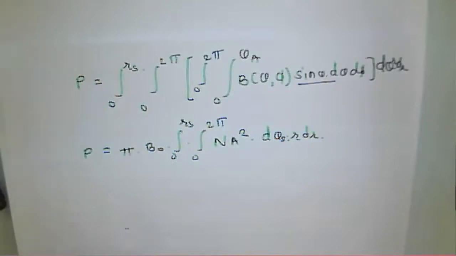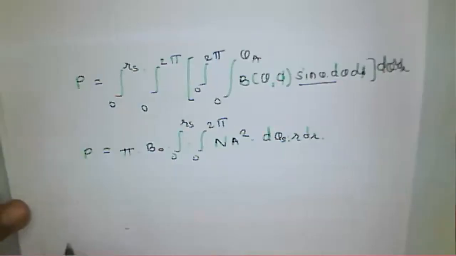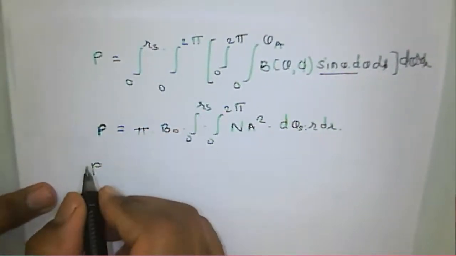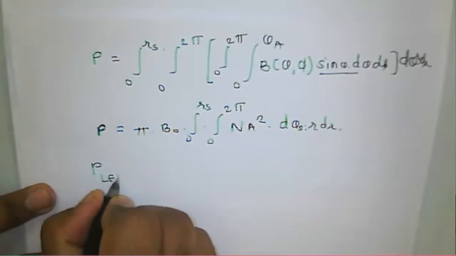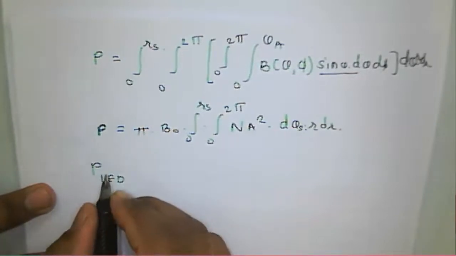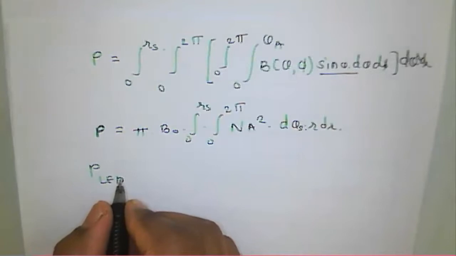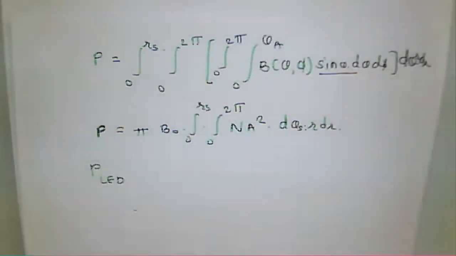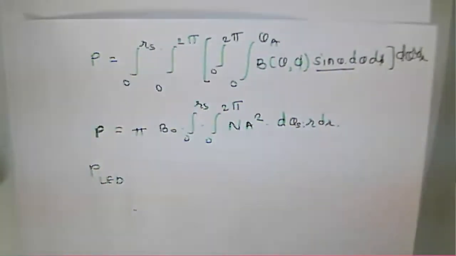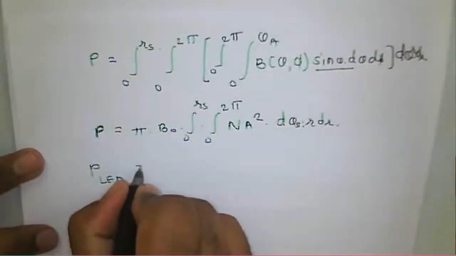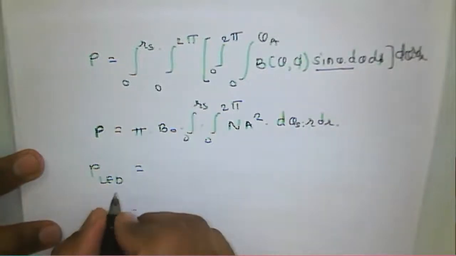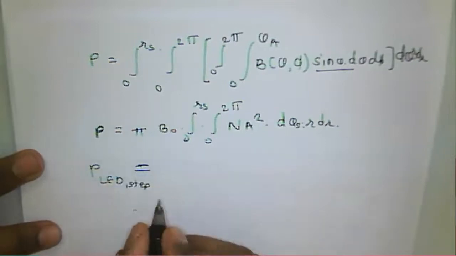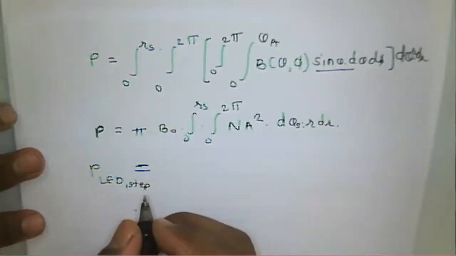Now, if we consider that the source is an LED, and for the power of this particular source we have a step index fiber, then how much power is coupled inside the optical fiber?